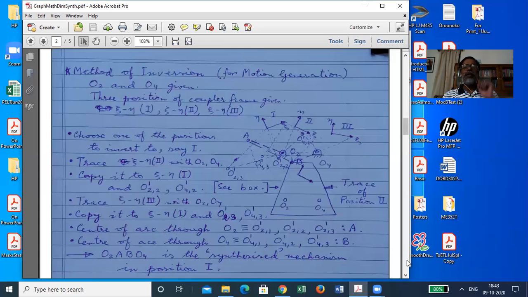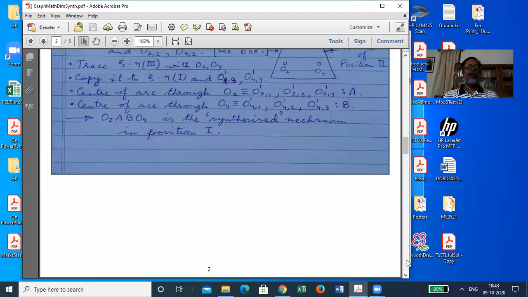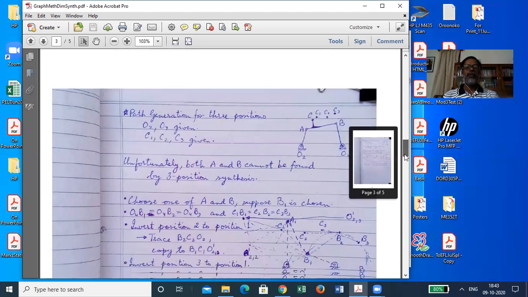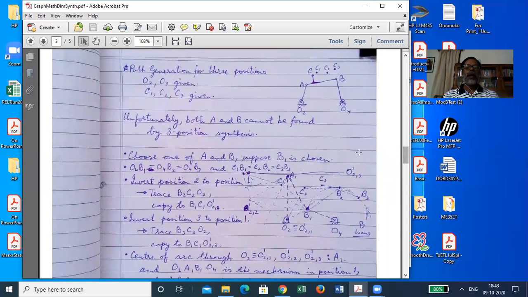When you try to do path generation, coupler curve synthesis, then how does it work? You want a mechanism like this, in which in the coupler you get a point C, and then the prescription is again fixed points are first selected so that you do not need a connection point somewhere in a funny place.